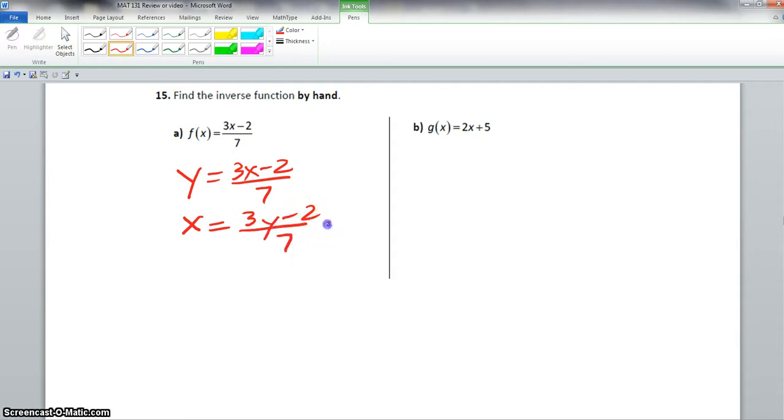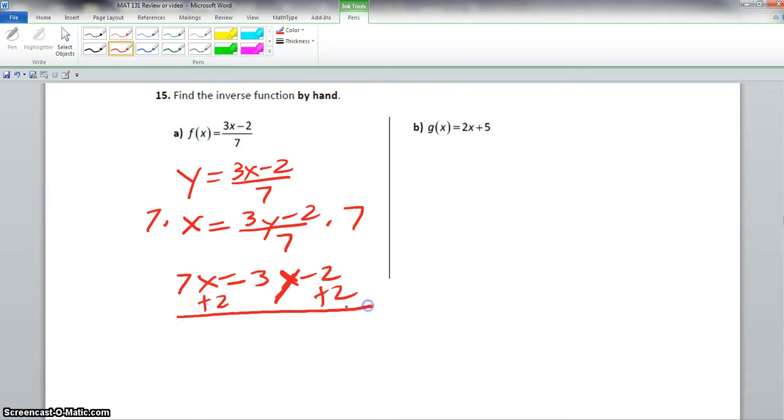Now we multiply each side by 7. And that will give us 7x is equal to 3x minus 2. I mean 3y minus 2, not 3x. Okay, now we add 2 on both sides. So we will have 7x plus 2 is equal to 3y. Now we will divide each individual term by 3.